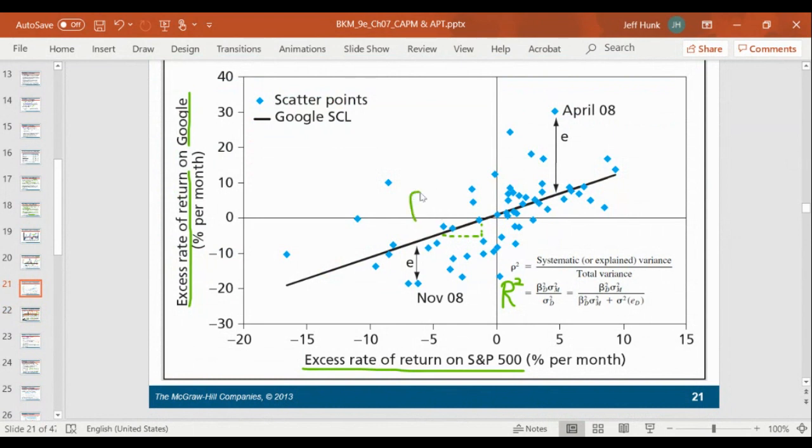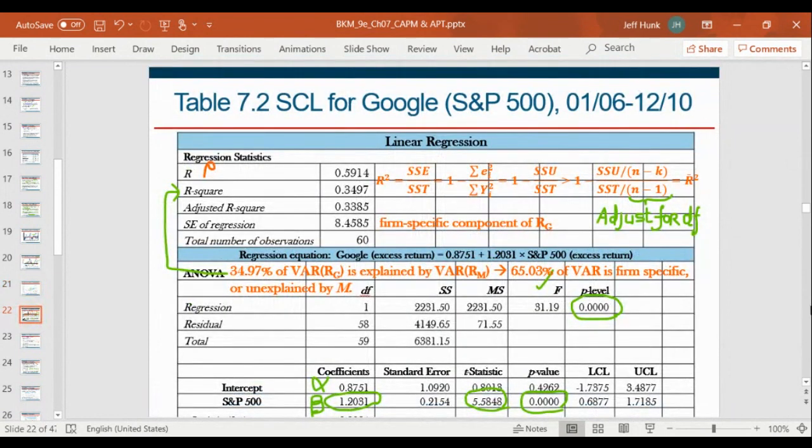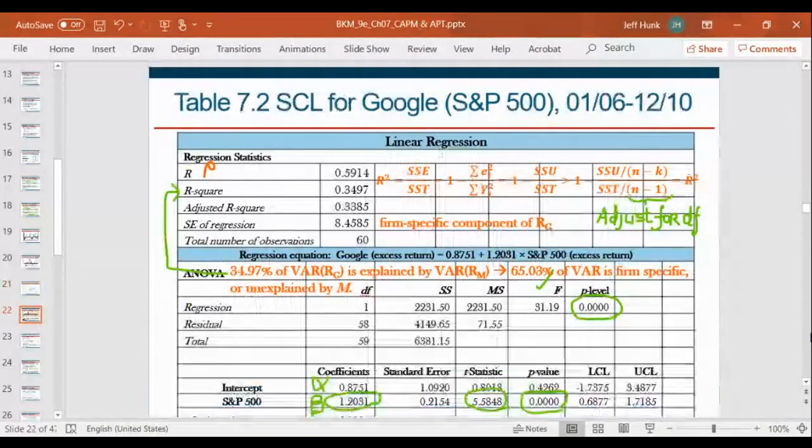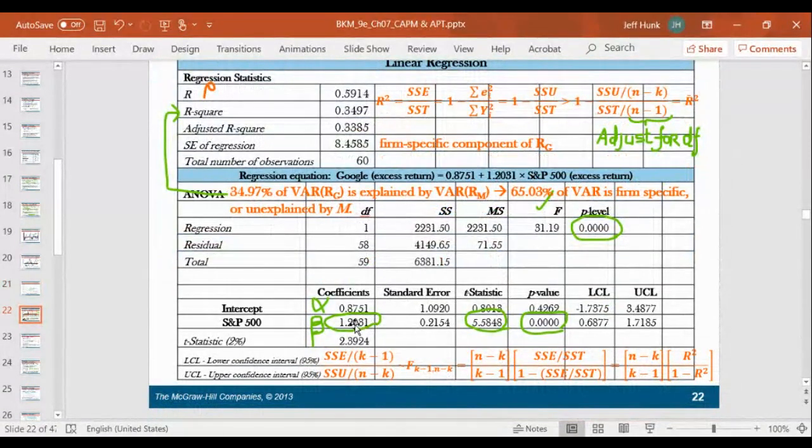It's 1.2031, right? And the alpha is 0.8751.